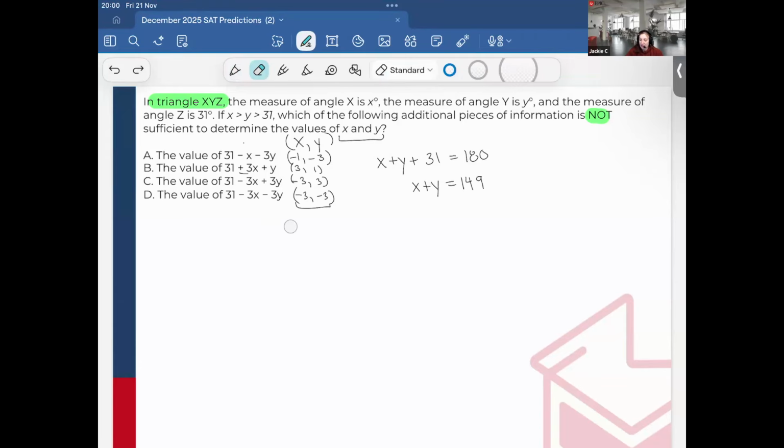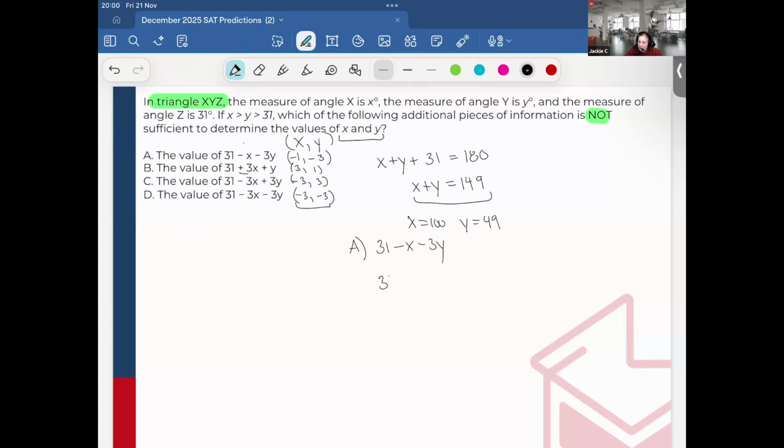And if that's not clear enough, we can also just demonstrate this. So option A, for example, it's 31 minus x minus 3y. We know x plus y must sum to 149. So let's just hypothetically say there's a case where x equals 100 and y equals 49.